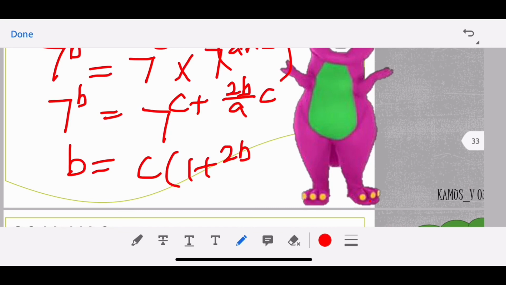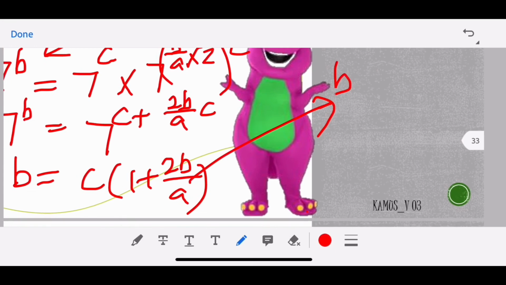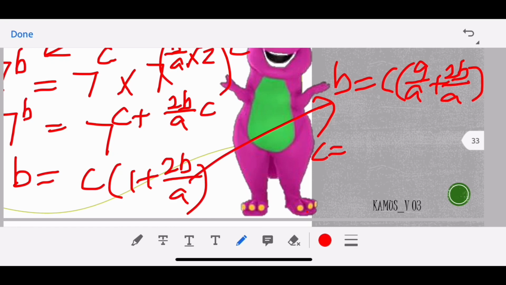So the c, make sure you put bracket, okay? So finally we want to simplify to the simplest form. So the b is actually c times a plus 2b over a, right? So the a is actually the denominator, so we want the c in terms of a and b, so it becomes c equal to ab over a plus 2b.